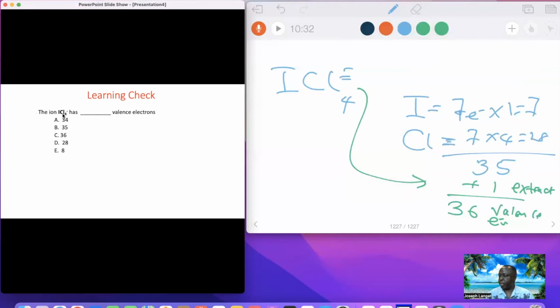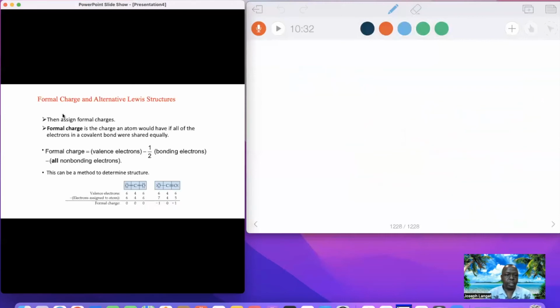Otherwise, when you are given the chemical formula, it's much easier. That is all I wanted to bring to your attention on drawing the Lewis structure. Please make sure you practice end of chapter problems. You should have problems on drawing the Lewis structure.